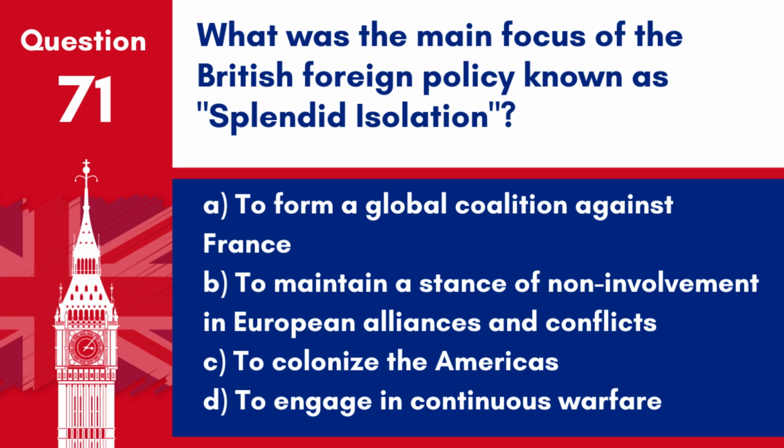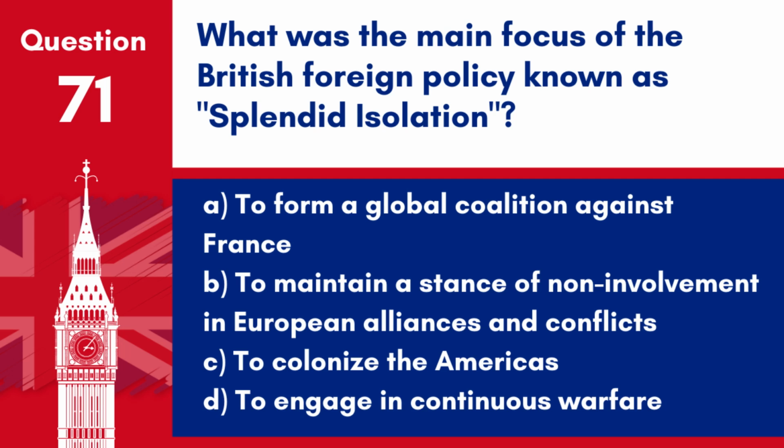Question 71. What was the main focus of the British foreign policy known as splendid isolation? A. To form a global coalition against France. B. To maintain a stance of non-involvement in European alliances and conflicts. C. To colonize the Americas. D. To engage in continuous warfare.